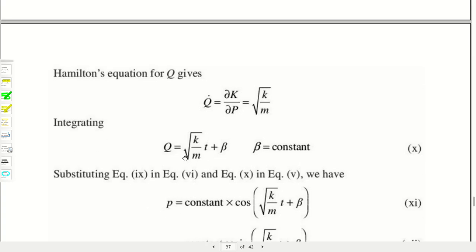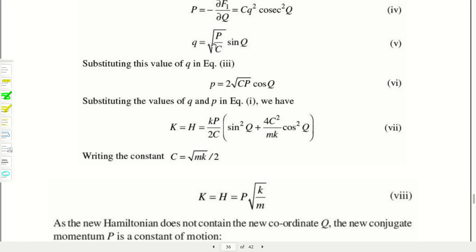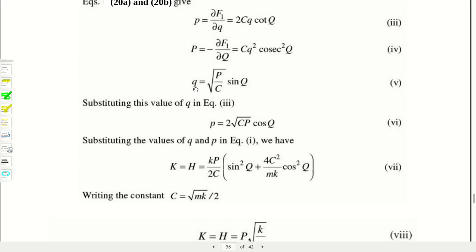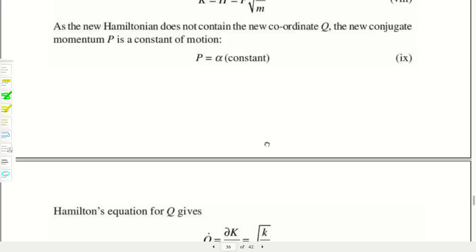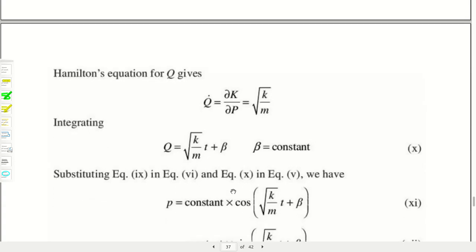Put this Q into the equation of small p and small q. Here small q is equal to P by c, which is a constant because P is alpha, into sine of omega t plus beta. And here P, you can also replace by alpha, and Q by root under of k by m into t plus beta.